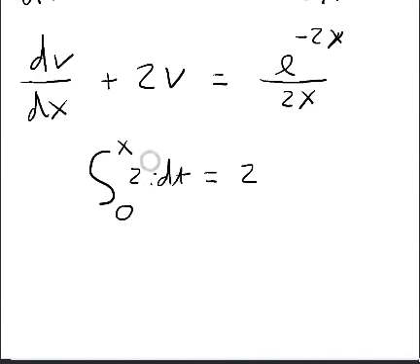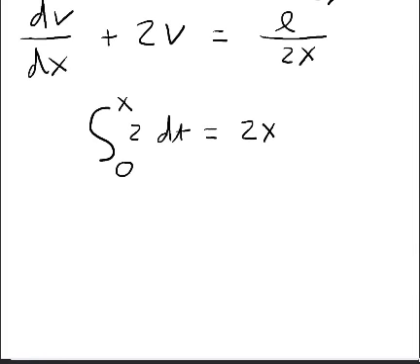Just the coefficient I integrate, so I get 2x. Now the reason I do that is that I want to exponentiate it. If I exponentiate 2x, I get e to the 2x.